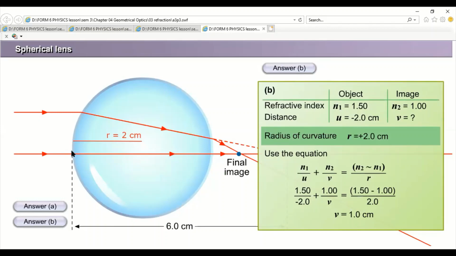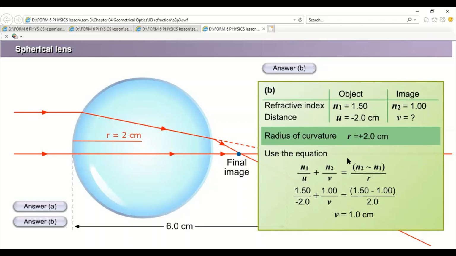The image formed by the left side of the curved surface becomes the object for the right side curved surface, so the object is virtual because it is not real. Not the real object here, just the image of the real object. The real object is at infinity.